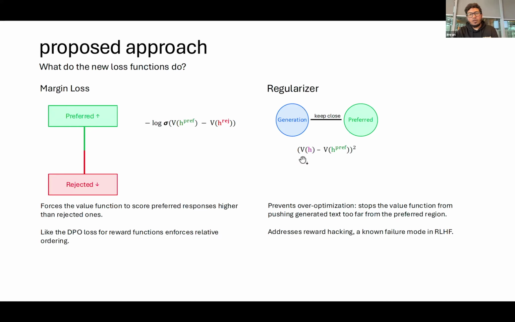So in theory, the value function may produce higher scores, but the generation is not really good. So the regularizer stops the value function from pushing the generated text too far. And this addresses the reward hacking in our experiments. And of course, the margin loss is very similar to the DPO loss, which is also another intuition for our experiments.